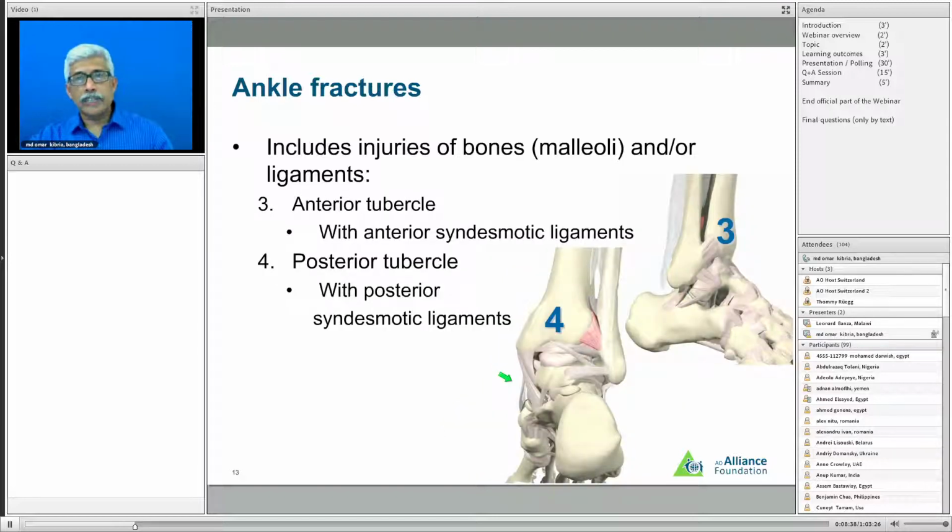In number 3, if there is a rupture of the anterior syndesmotic ligament, there may be a bony avulsion, or there may be a posterior tubercle fracture along with the posterior syndesmotic ligaments. So we can have 4 bony fragments with or without ligamentous injuries. So there may be a single bone fracture, or a multiple bone fracture, which will lead to instability.